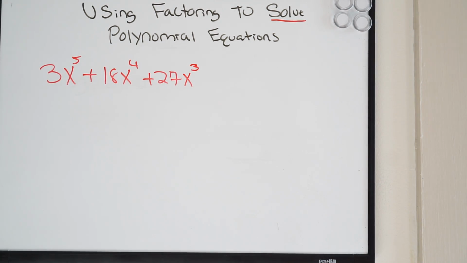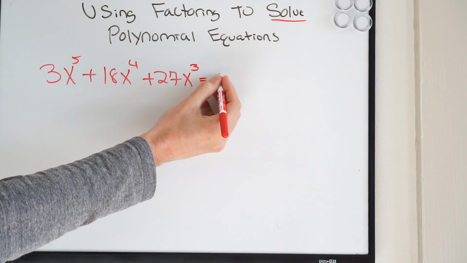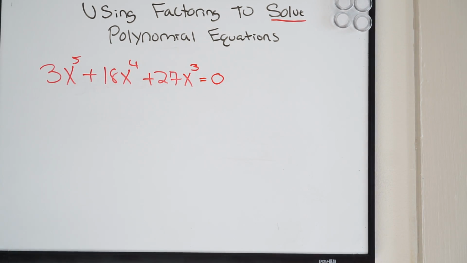And now just recall they want us to solve this, so they want to find the roots or the zeros, and the roots and the zeros are where it's crossing the x-axis. Whenever this polynomial crosses the x-axis, the y will always be 0. Hence we set the y equal to 0, and that will help us find the roots of this polynomial.